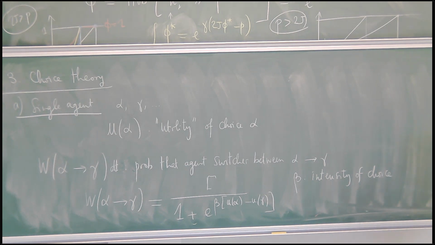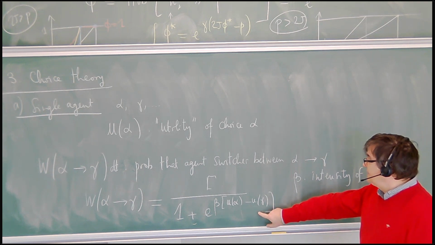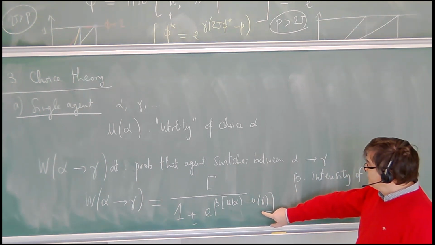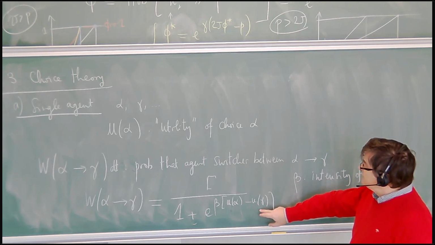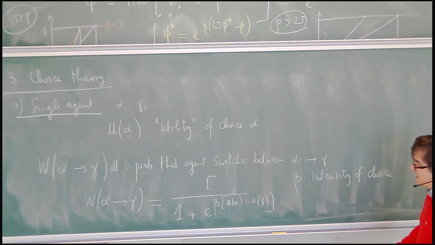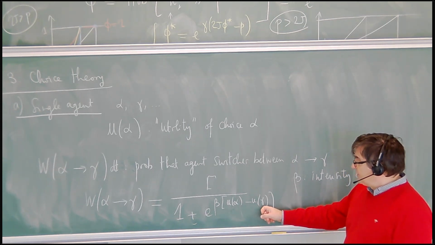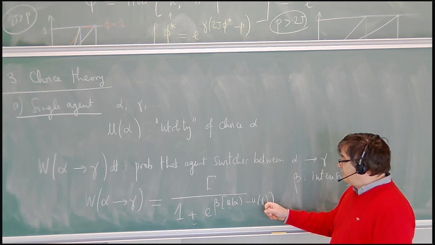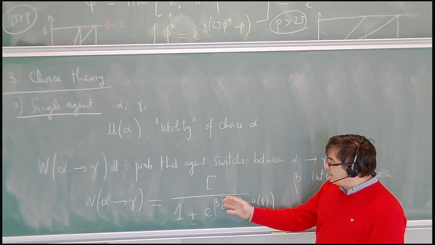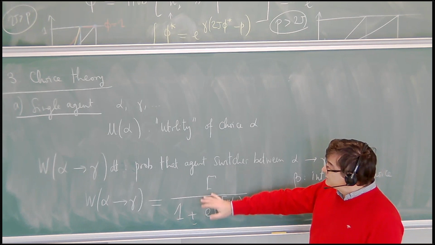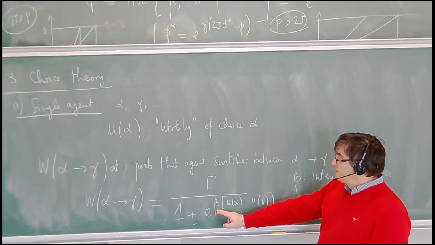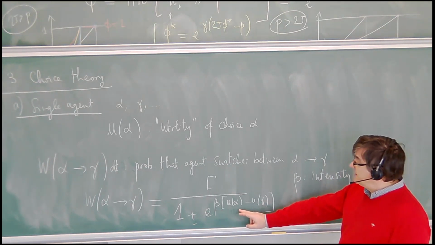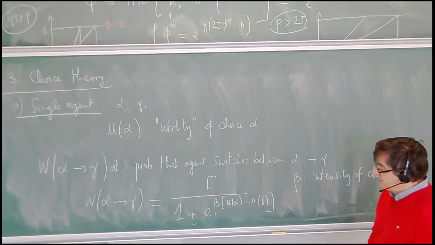It means that if U gamma is less than U alpha, that is, if the choice that you're considering to make has a lower utility than your present choice, then U alpha minus U gamma is positive. Exponential of beta times this difference is larger than 1, and so you tend to reduce the probability of going there. And in particular, if beta is very large, then when U gamma is less than U alpha, you never go there.